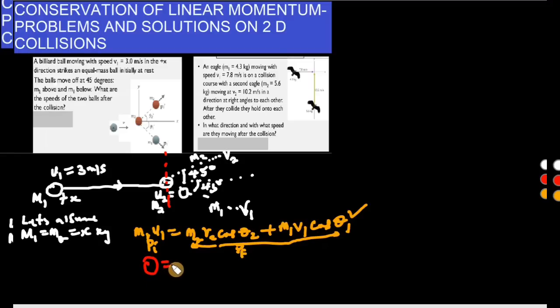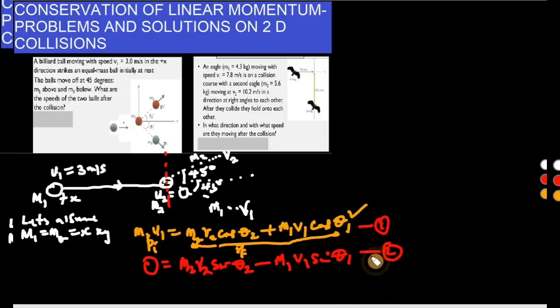So this is 0 equals, when you find the vertical components of the upper and the lower parts, m2 v2 sine theta 2 minus m1 v1 sine theta 1. So let's label this equation 1 and this equation 2. If you didn't understand how I did this derivation, you can check our previous video. We shall be using this to solve problem number 1.